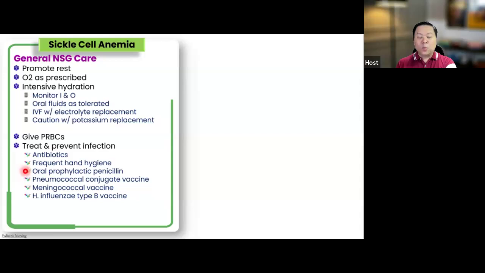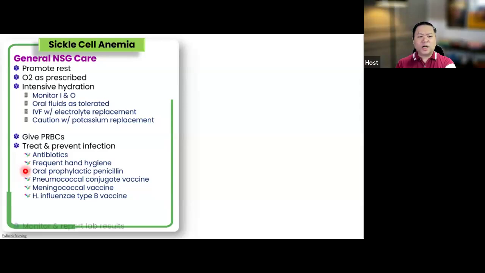When the patient is protected with all these vaccinations before the onset of the winter season, they're going to be protected from the major stresses that can potentially happen to them if they develop active infections during that particular season. So make sure that they're up to date on their vaccinations.